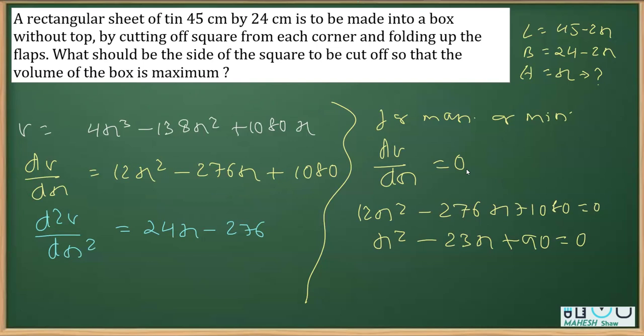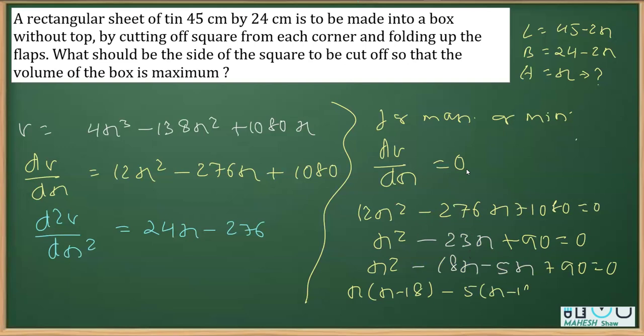From the factors of 90, we do the middle term split: x squared minus 18x minus 5x plus 90 equal to 0, splitting 23 as 18 and 5. We have x common from the first two terms, so x into x minus 18, and minus 5 common from the last two, so minus 5 into x minus 18, equal to 0. That means x is equal to 5 and x is equal to 18.